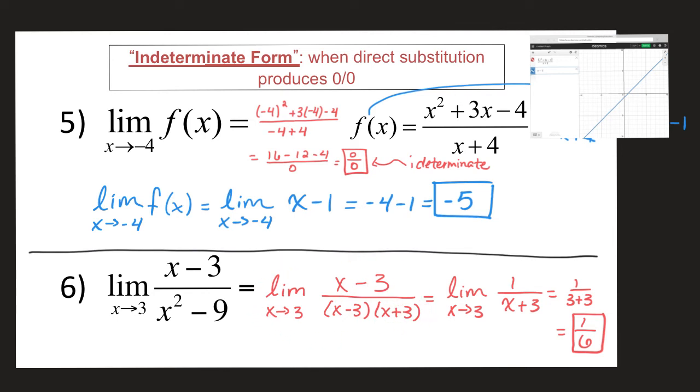And then I saw my common factor, so I said the limit of the factored form of this function is equal to the limit as x approaches 3 of the reduced form of this function. When the x minus 3 and the x minus 3 cancel, make sure there's a 1 in your numerator. And then I retried plug in, so taking my 3, the x value that I was approaching, plugging it in for x, and I got 1 over 6.